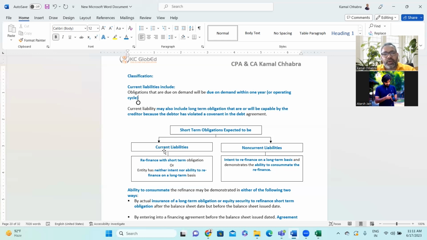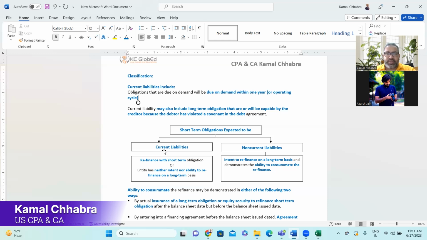So if at any point of time the company fails to maintain those debt covenants, then those debts become due immediately. So for example, you have taken a 5-year loan from the bank. Let's assume you have taken a 100,000 loan at the rate of 5% interest from Bank of America.